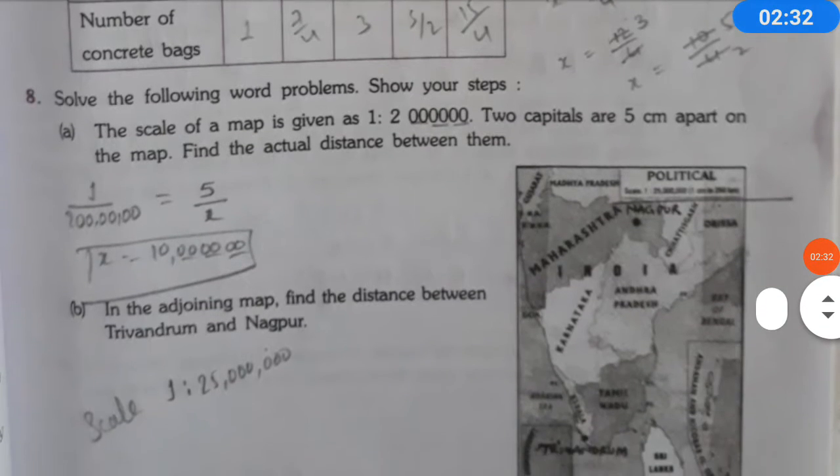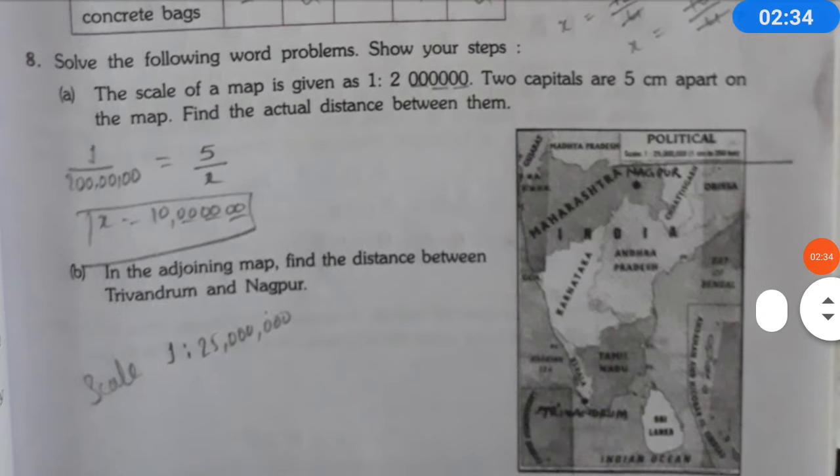Clear to everyone? Moving toward the next question, we are having: solve the following word problem. Show your steps. The scale of a map is given as 1: a number. Then two capitals are 5 centimeters apart on the map.